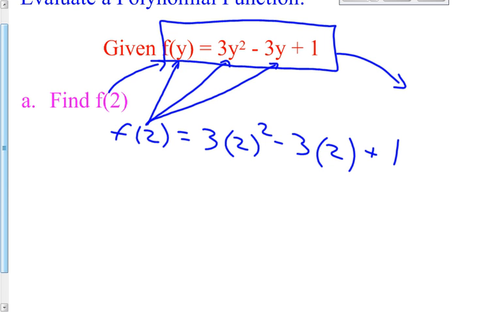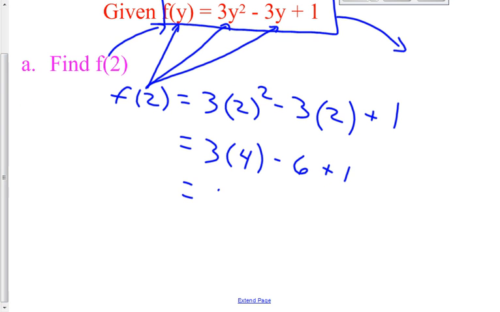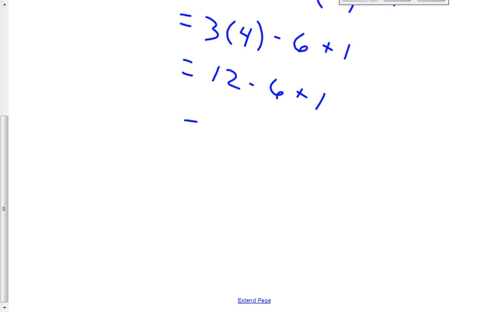So now we're going to evaluate this. That equals 3 multiplied by 4 minus 3 times 2, which is 6, plus 1. 3 times 4 is 12 minus 6 plus 1. So my answer is 12 minus 6, which is 6, and 6 plus 1 is 7.